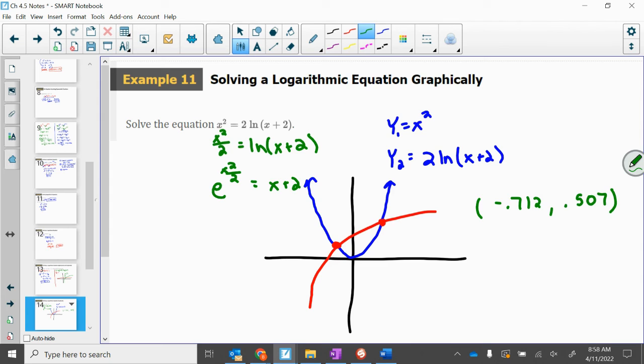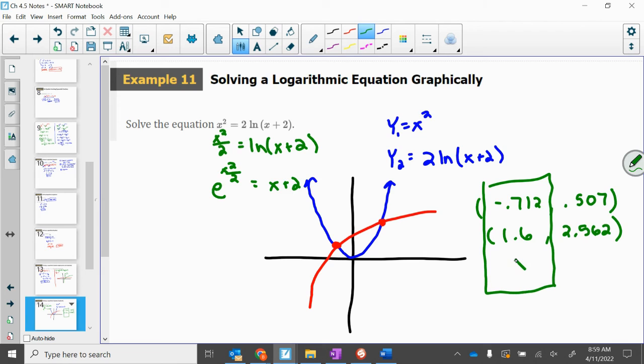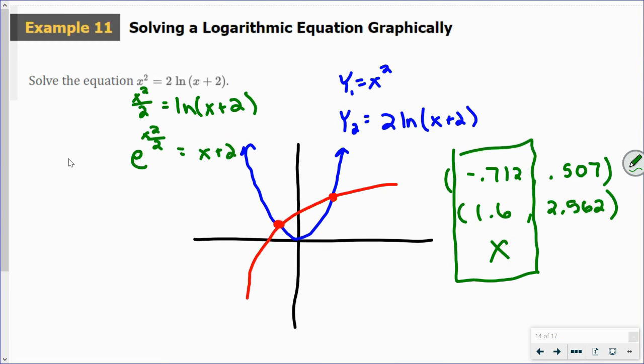And the other intersection is 1.6, comma 2.562. Okay, and then these x values right here are your actual solutions. Those are the ones that we're looking for.